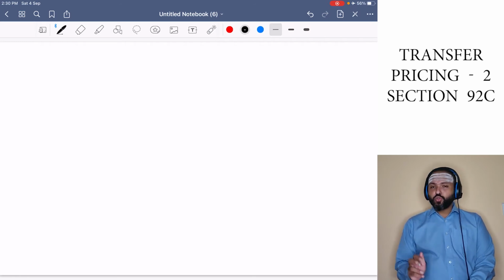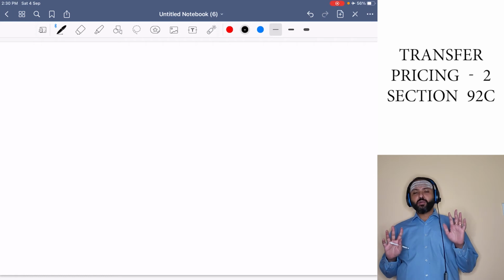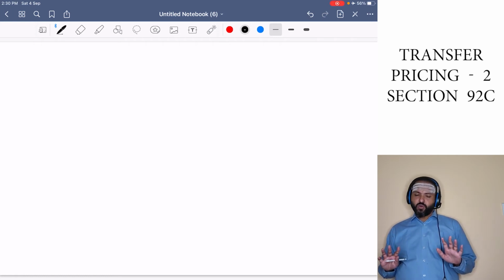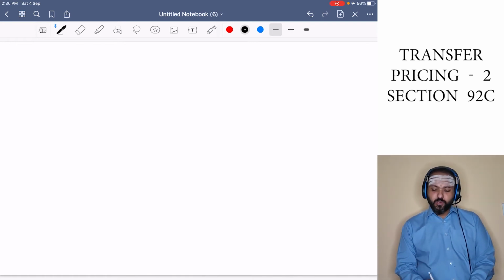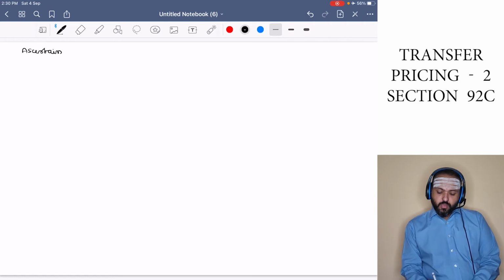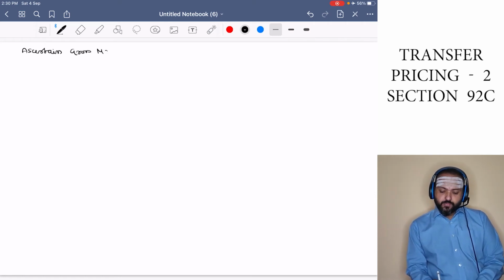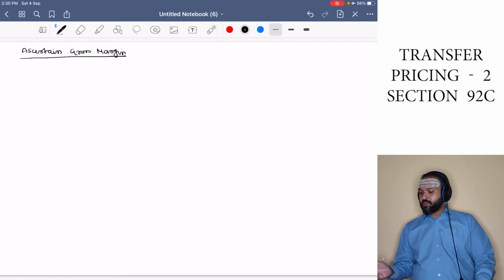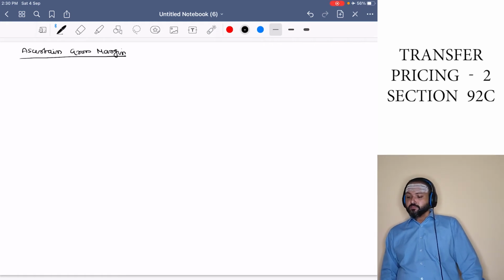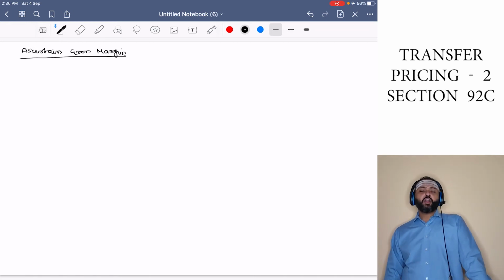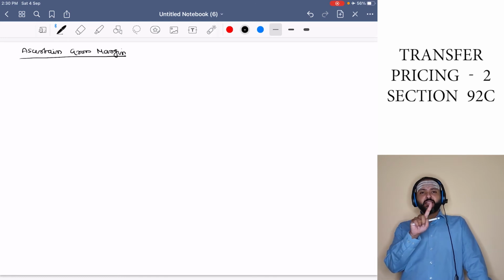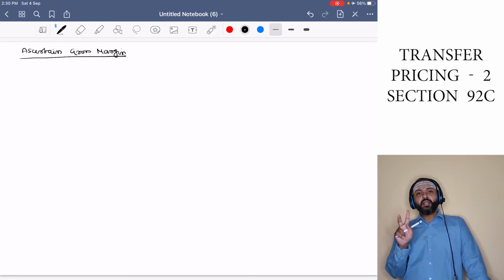So there are two things that we need to do. Normal gross profit margin we need to find out, and we need to find out the arm's length price. Okay, so the first step will be to ascertain gross margin. Sir, why should we ascertain gross margin? Sir, it is already given in the question as 40%, sir. Again, when the gross margin percentage is required, the percentage is expressed as transaction between two unrelated parties only.